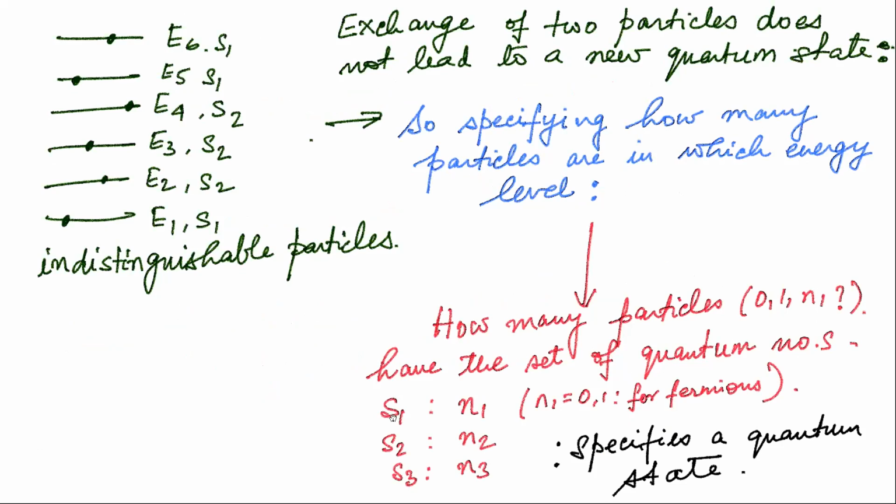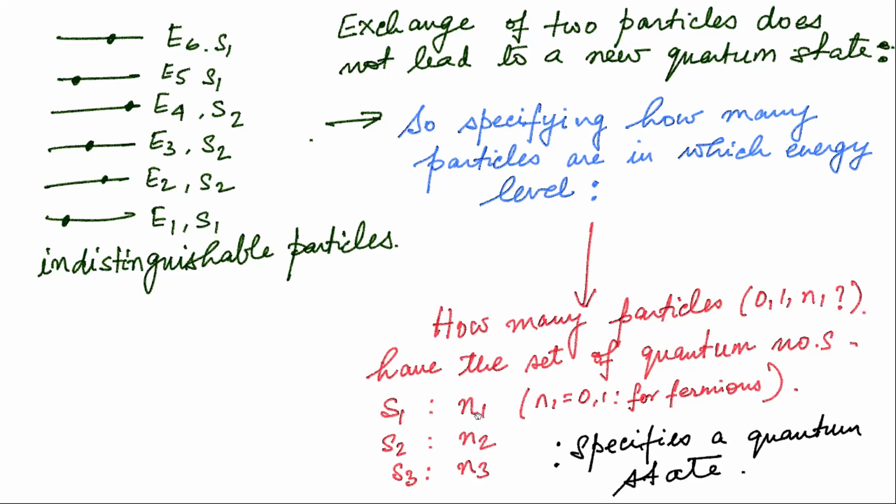So suppose there's a single particle quantum state with a certain set of eigenvalues, and the aim is to calculate the mean number of particles which occupy a certain quantum state.